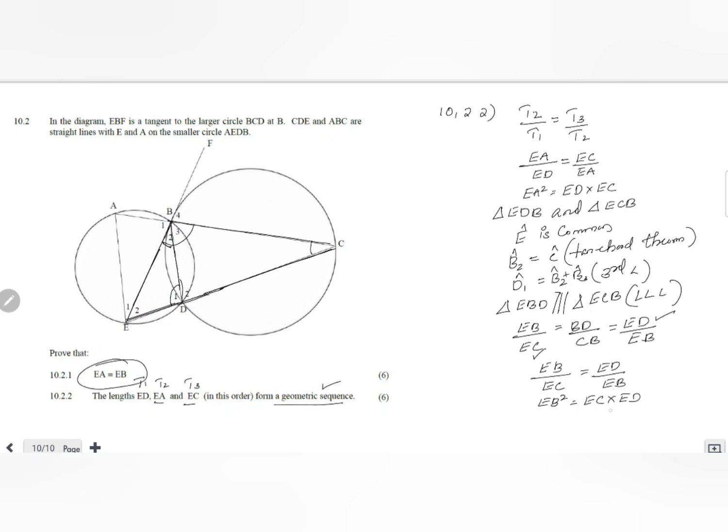Okay, so we are done. That is EA square is equal to EC times ED. The reason is EB is equal to EA. Yes, EA square is equal to EC times ED, which means ED, EA and EC are terms of a geometric pattern. Is it clear?